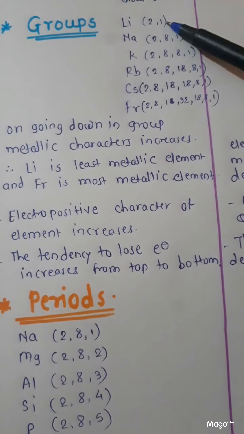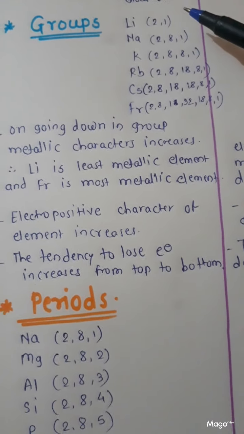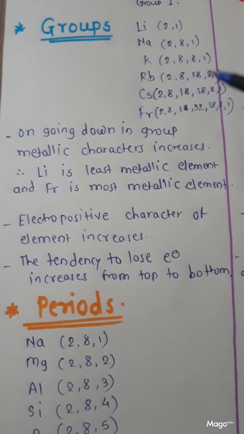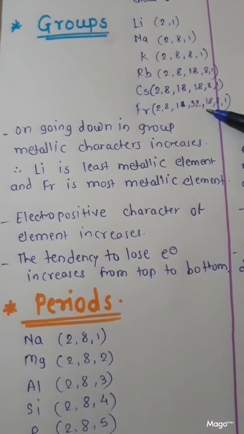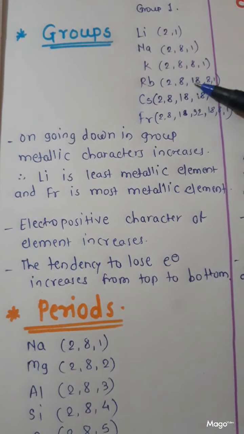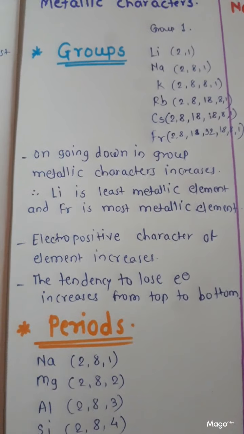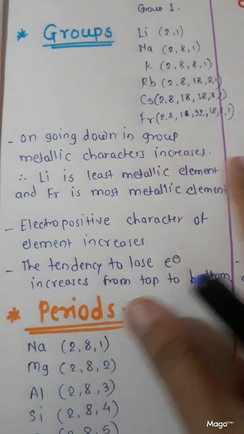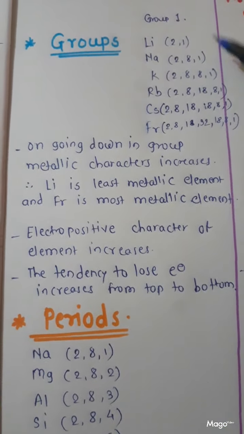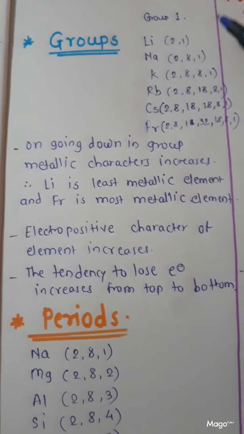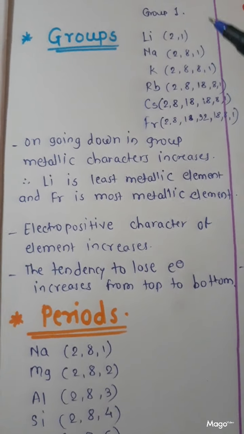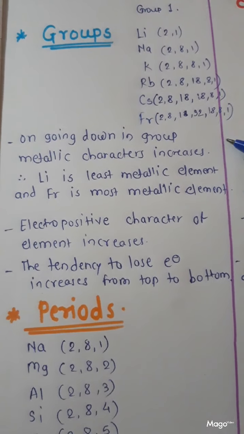So the tendency to lose electrons increases from top to bottom, and hence electropositive character also increases. What is meant by electropositive character? As the element loses electrons, it forms positive ions, which is called electropositive character. So it increases from top to bottom.